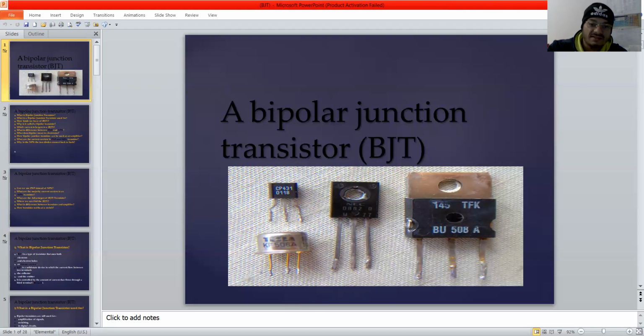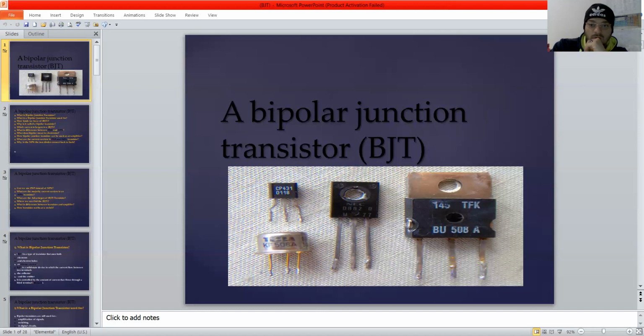The only difference is the polarity of the voltage and the direction of the current. PNP transistors can also be used as switching devices.